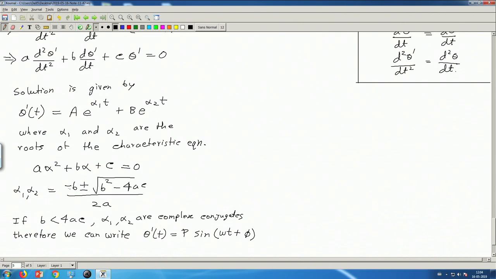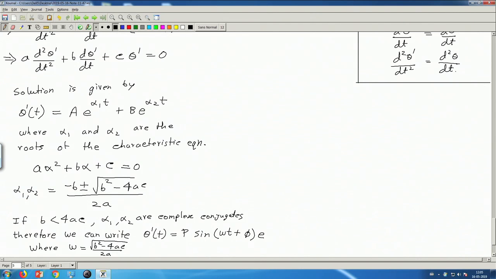So you can rearrange the terms and it will be of this form. And where omega will be this complex part, the imaginary part, and we will also have another term.